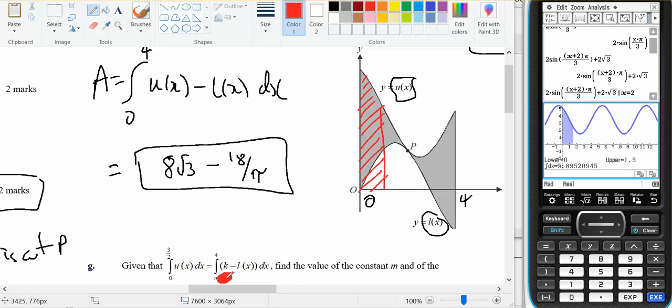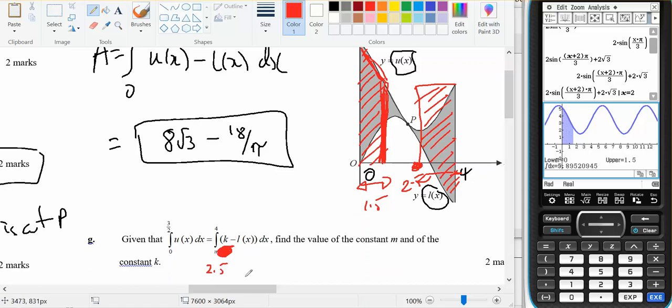We've got to find that value of K. I want that to be that area. Can you see the symmetry that's happening here? I think that if that's 1.5, then that's got to be 1.5, which makes that point there 2.5. So M is going to be 2.5.